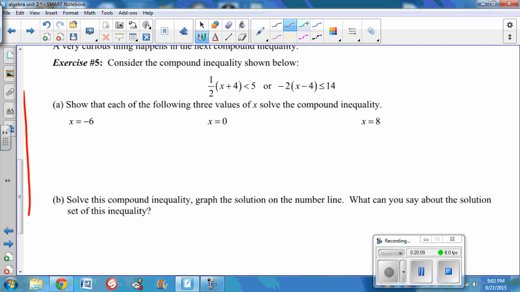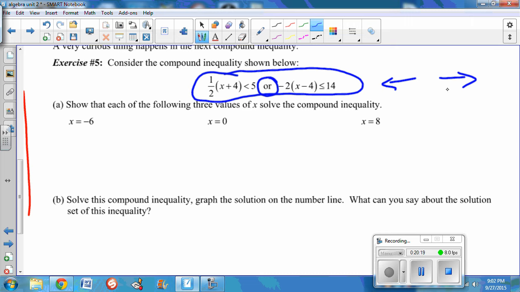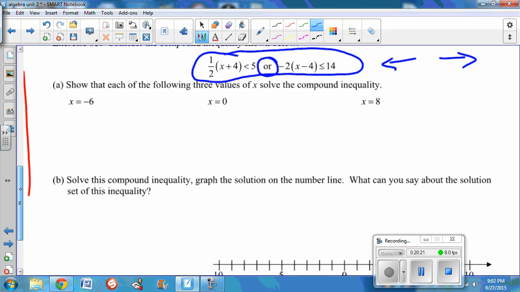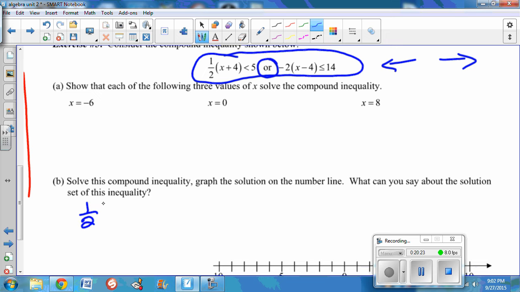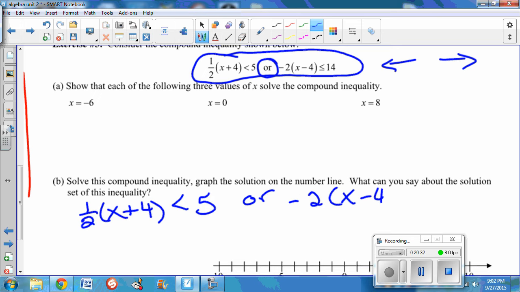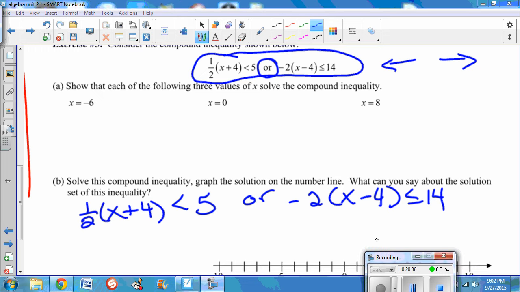So let's take this compound inequality. Notice it's an "or" inequality, so keep in mind what happens with an "or" inequality when we graph it. They're going to go in opposite directions. So 1/2 the quantity x plus 4 is less than 5, or -2 the quantity x minus 4 is less than or equal to 14.